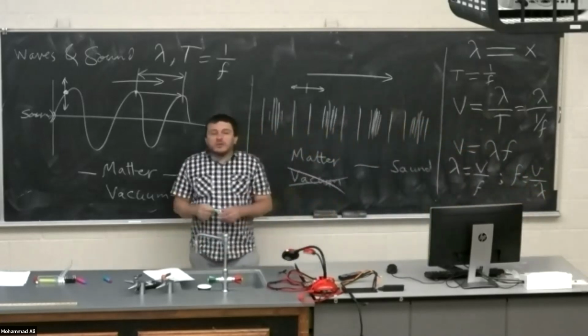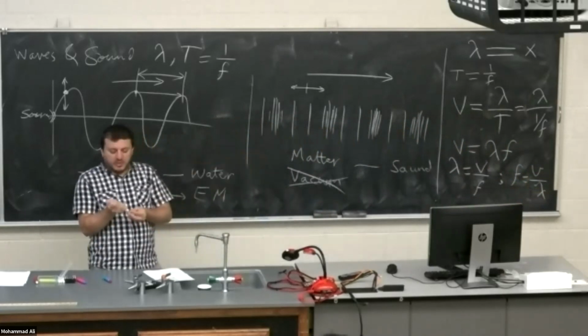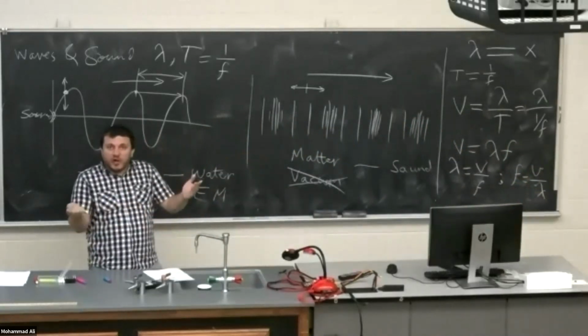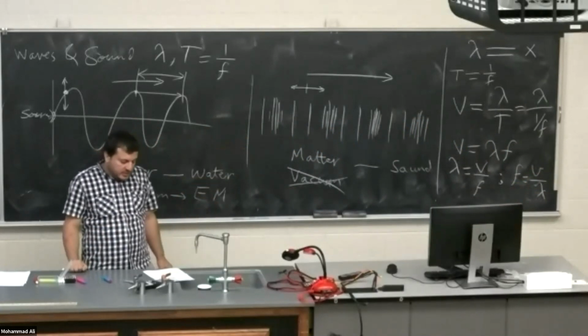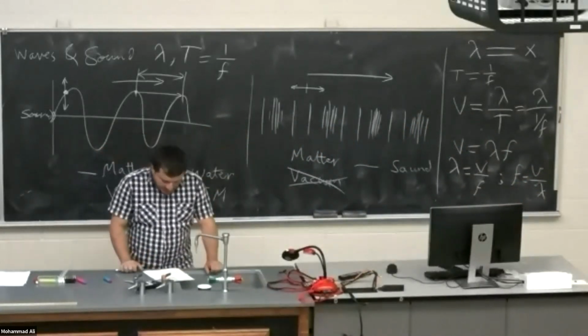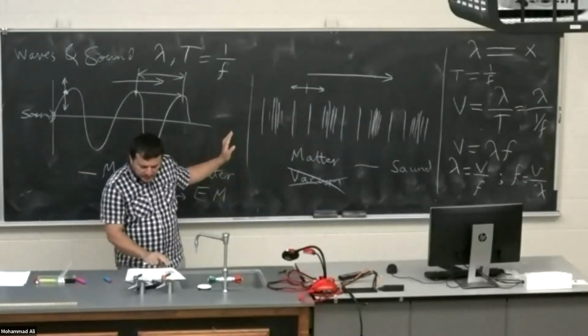So the speed of sound can be computed by that. The speed of light, which is an electromagnetic wave, can also be computed by this. Everything is a wave. Okay. Any question about waves?